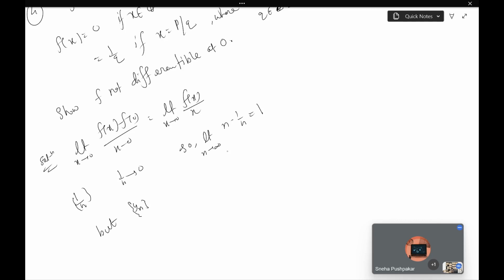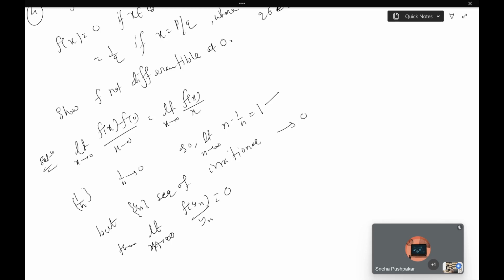So let me write down the full solution. Let yn be a sequence of irrationals converging to 0. Then limit n tending to infinity of f(yn) by yn is 0, while along the sequence 1 by n the limit is 1.